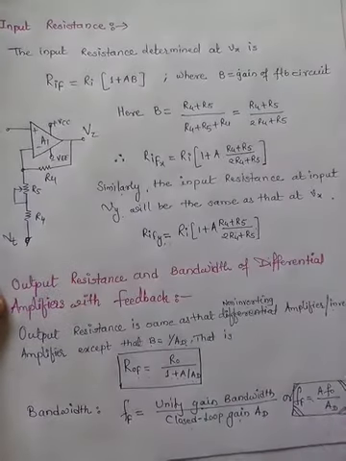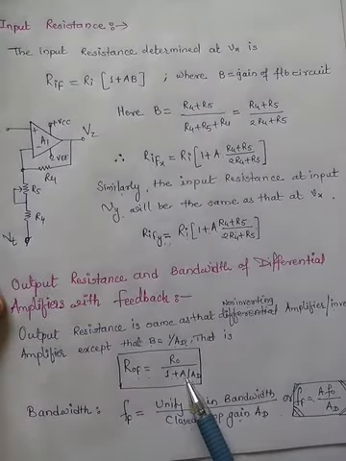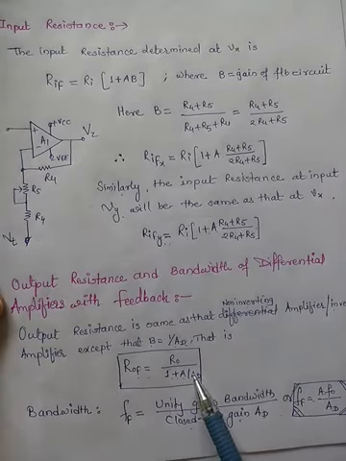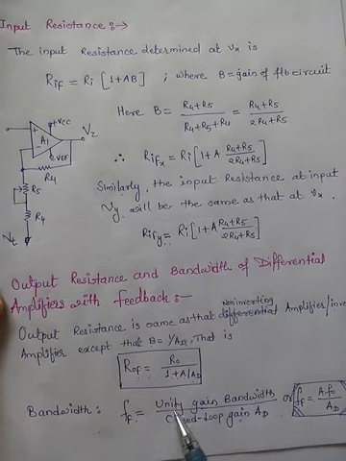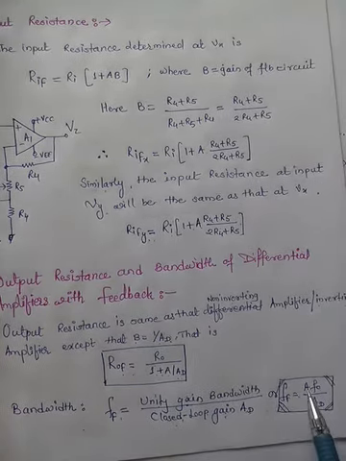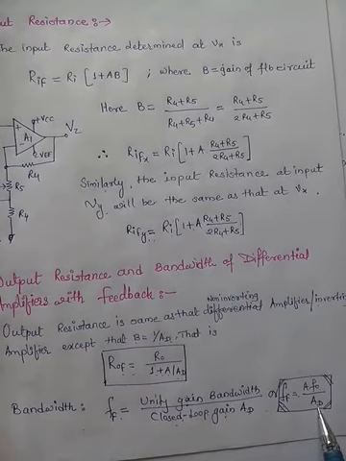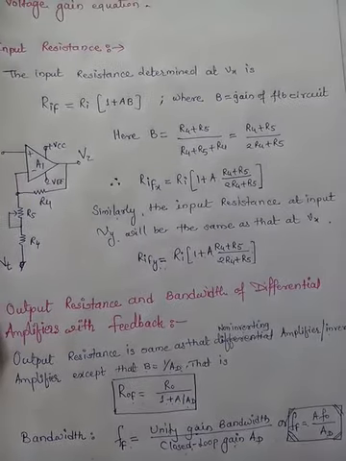Output resistance with feedback is R0 by 1 plus A divided by AD, where B is equal to 1 by AD. And bandwidth with feedback is unity gain bandwidth by closed loop gain AD, which is FF into A into F0 by AD. Okay, so all these parameters we have derived.